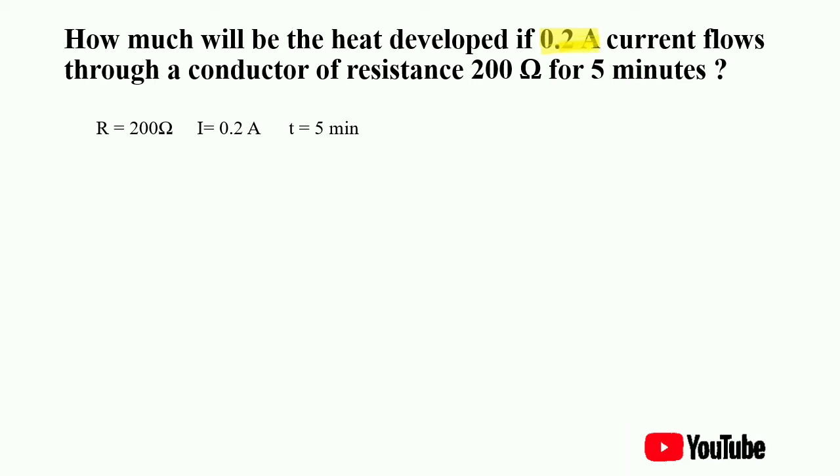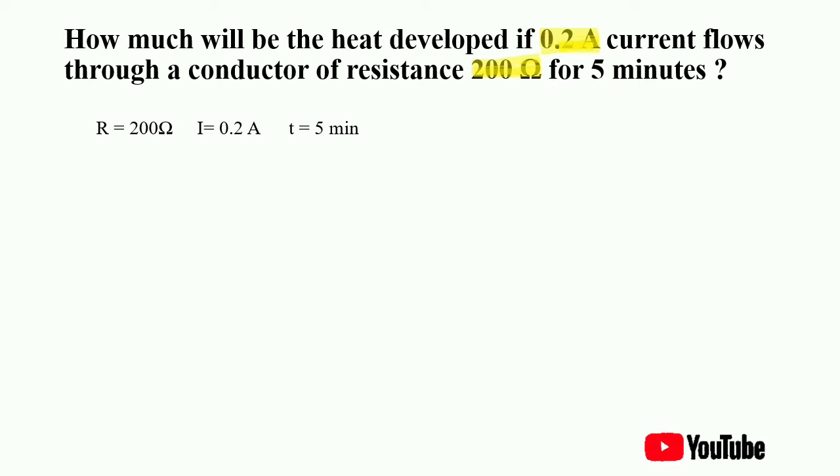So no problem here. Then the other value which is given here is its resistance. The SI unit of resistance is ohm, isn't it? The value which is given here is 200 ohm. So here also the value is in its SI unit.